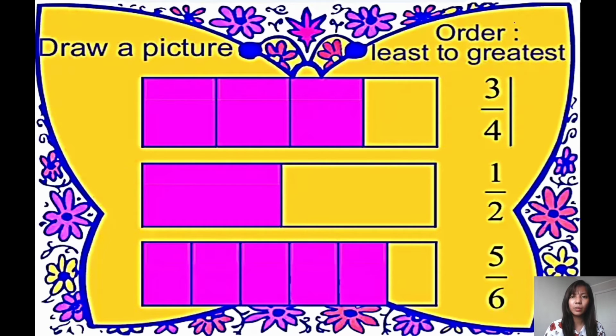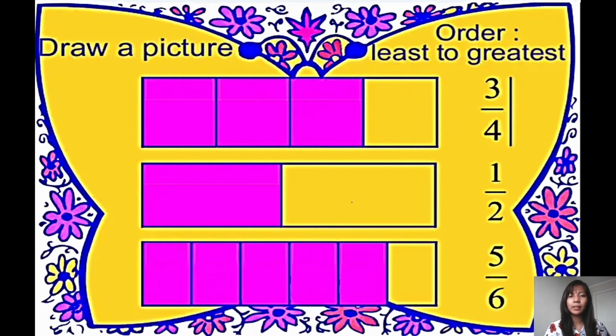So let's order these fractions from least to greatest. Alright. So by drawing a picture, this is the representation of 3 fourths, right? 1, 2, 3, 4. Because the denominator is 4. And then the numerator is 3, so 3 shaded parts, 1, 2, 3.